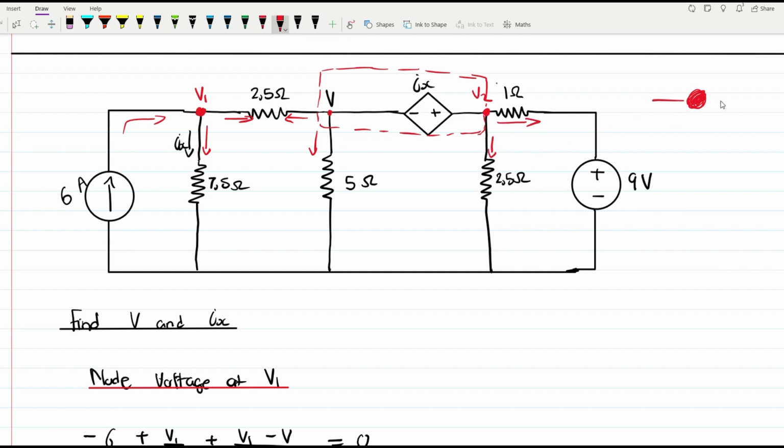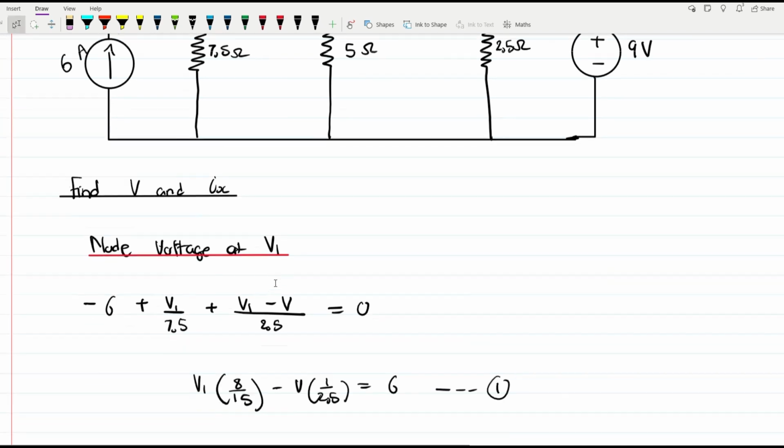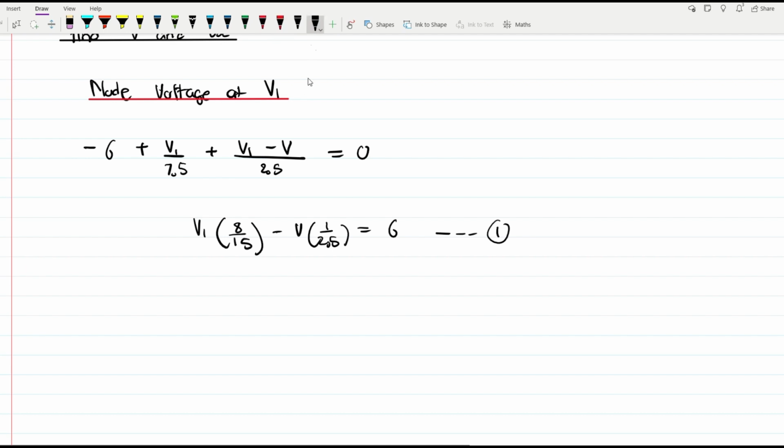So simply something like this. Let's start with this current. So we're going to have V minus V1 divided by 2.5. So we're going to say node voltage at V2.